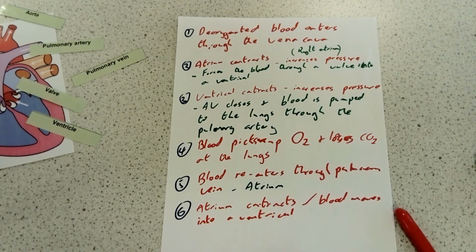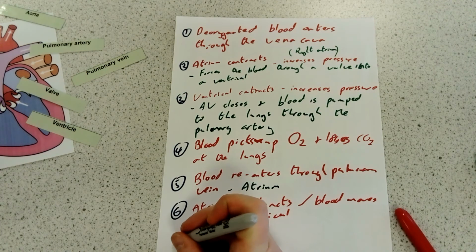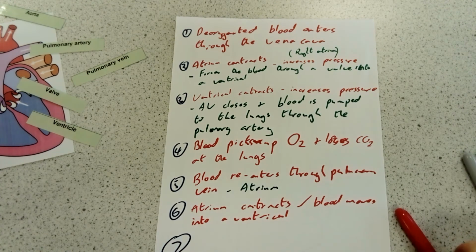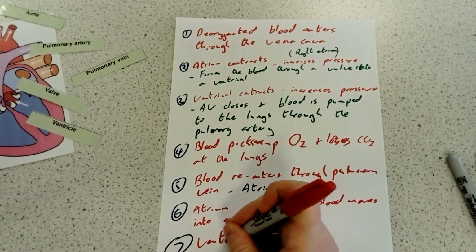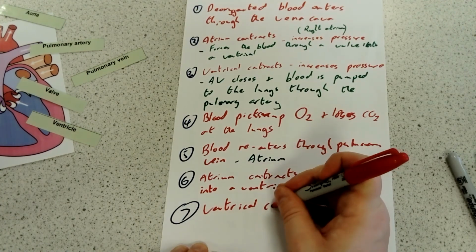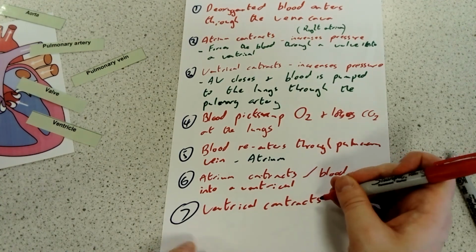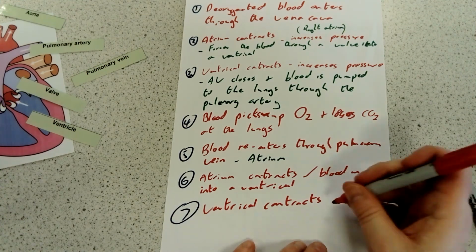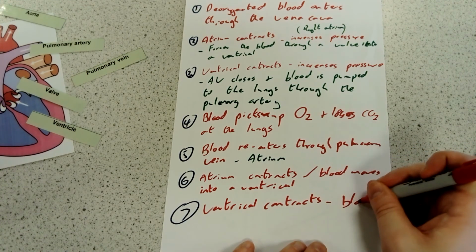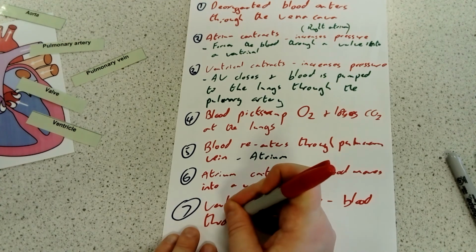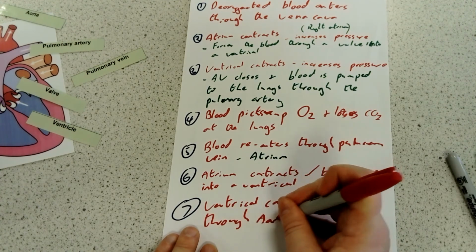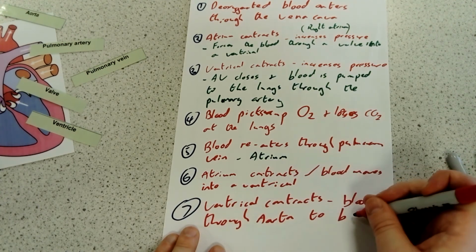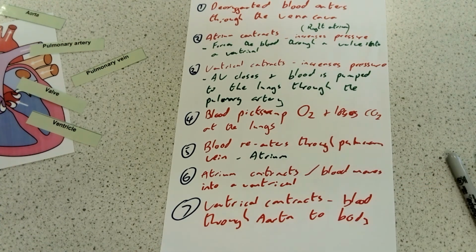And finally, that ventricle contracts, forcing the blood through the aorta to the body to be used in respiration and so forth. And that is a very, very brief overview of how blood is moving through the heart.